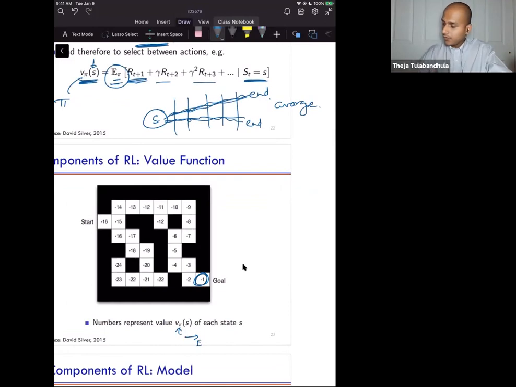So this state is good, because if I follow the policy, it's a deterministic policy here, so I only go to the goal. I spend only 1 unit of time, so I have a negative reward of -1. There's a deterministic transition, so there's no expectation needed, and I'm already at the goal.